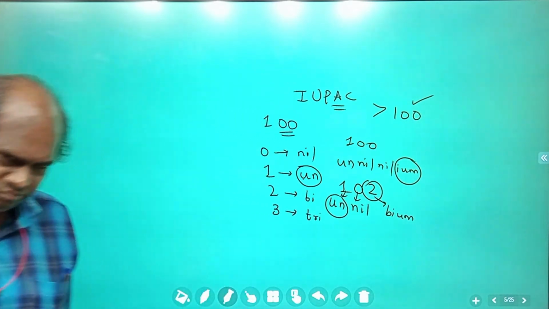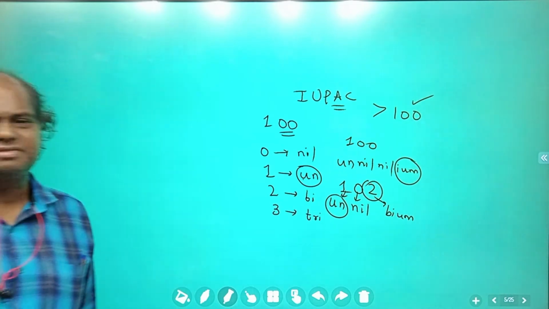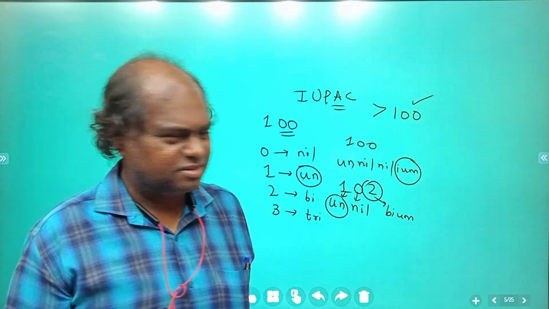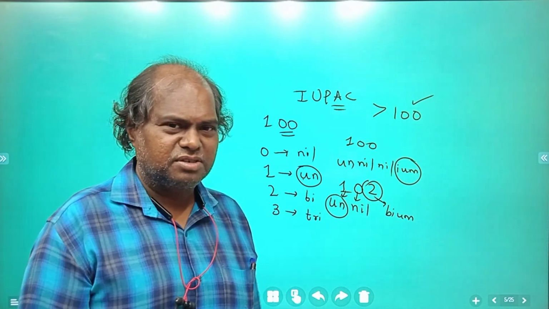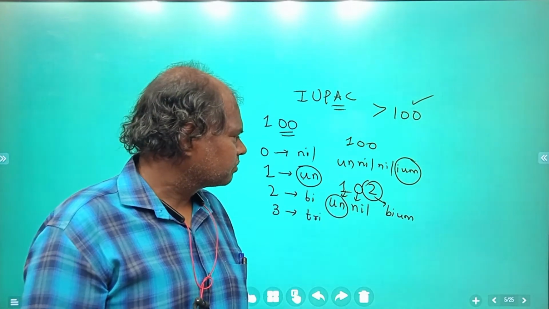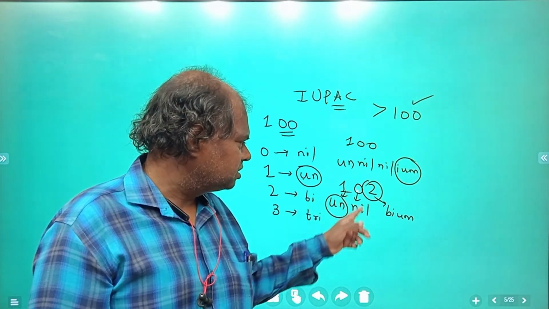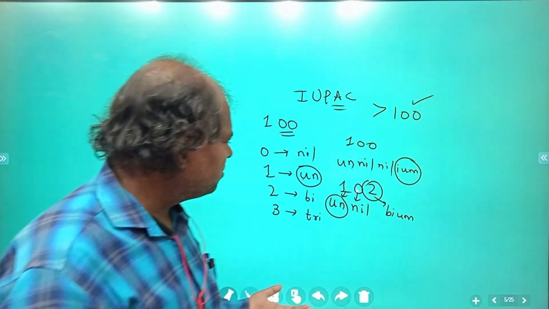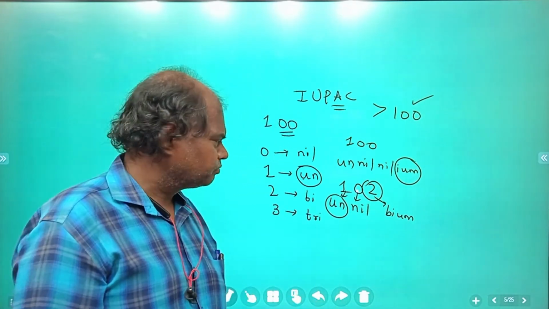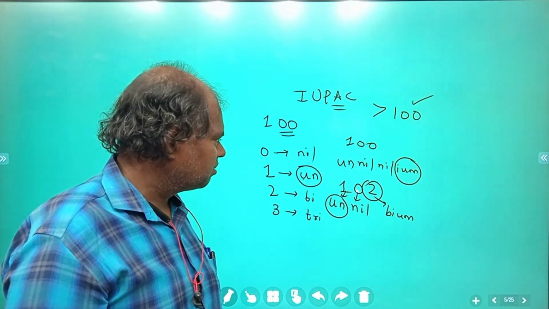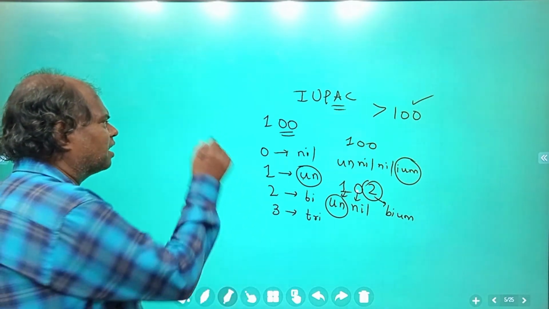Unnilbium. That's how you name it. Very simple. You have to use this above 100. So 1 means un, 0 means nil. Nil is nothing. Normally, we use bi for 2.